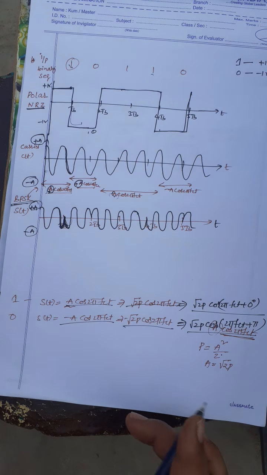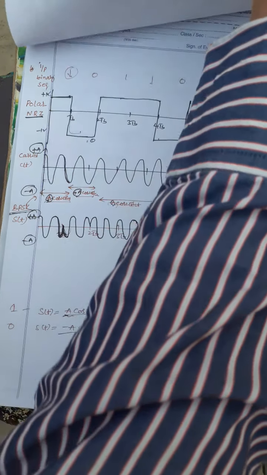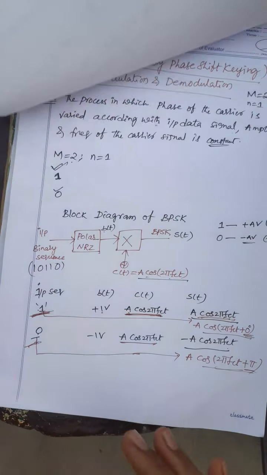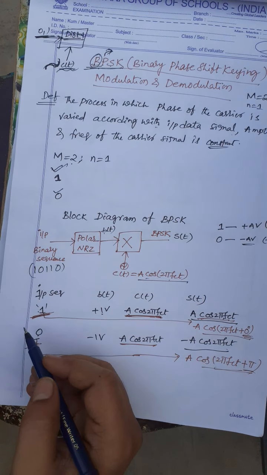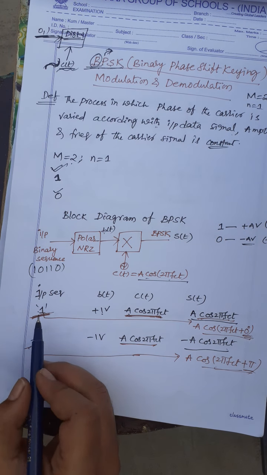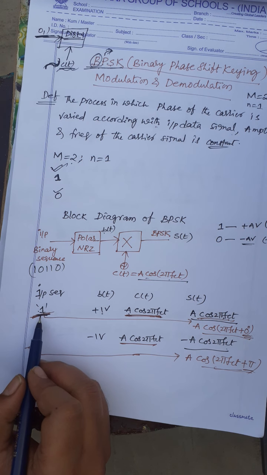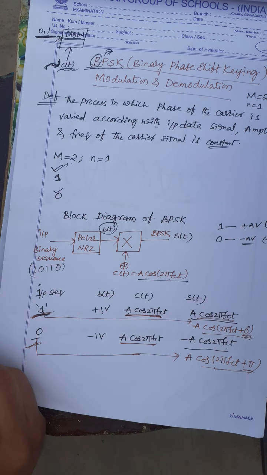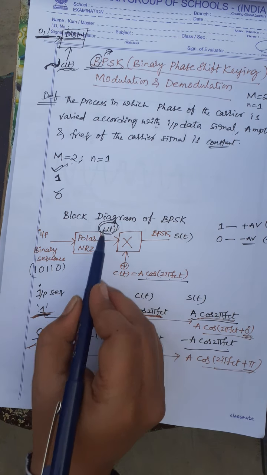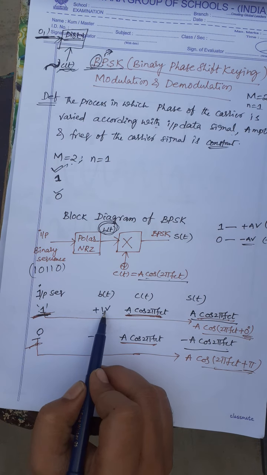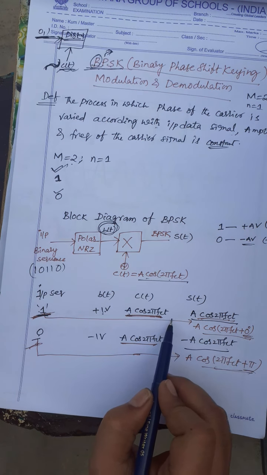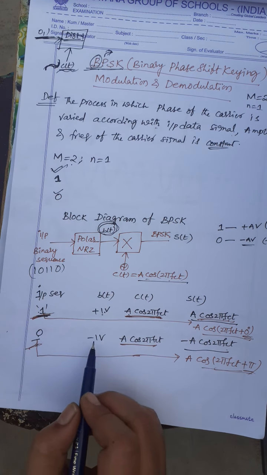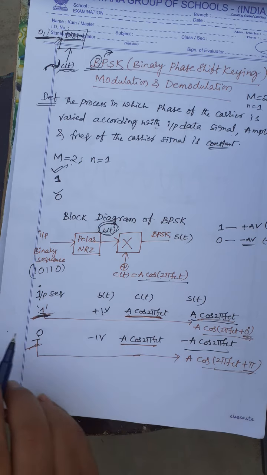And also we can write it as follows. When bit 1, the output of the polar encoder is B of t. B of t times A cos 2 pi fct, and another one B of t times A cos 2 pi fct.